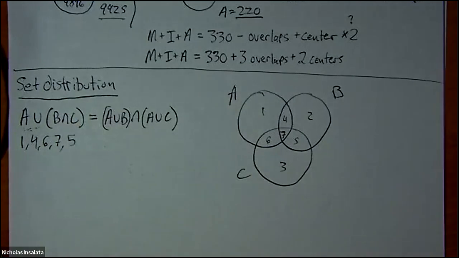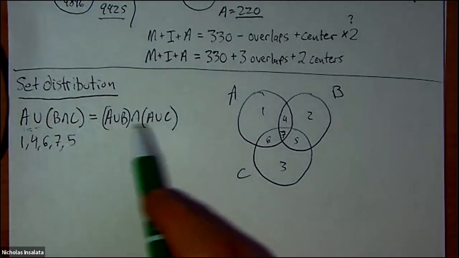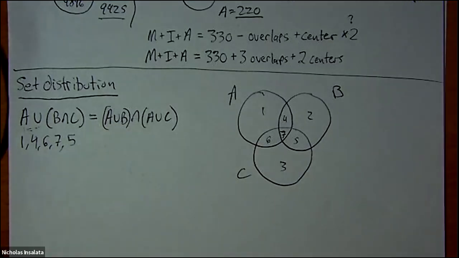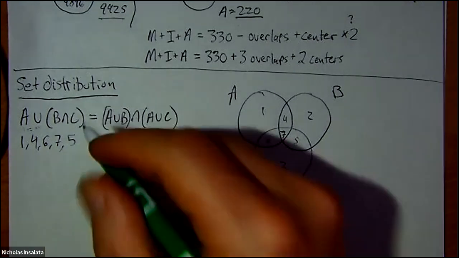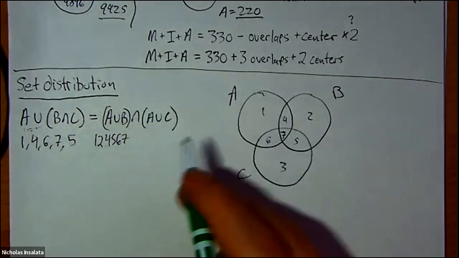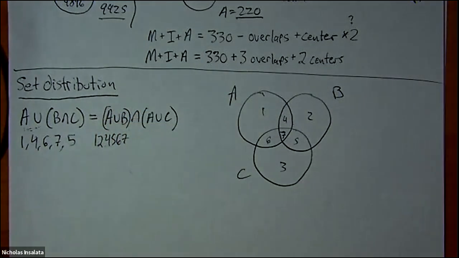Very good. Now let's find the regions for these guys. What are the regions included in A union B? All except 3. So 1, 2, 4, 5, 6, 7. How about A union C?